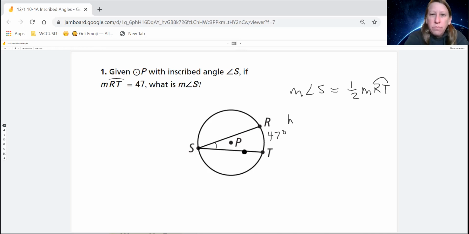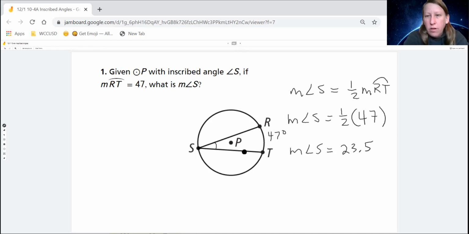So all you got to do is the measure of angle S is half of 47. And half of 47, it's kind of annoying, but not too bad. 23.5. You don't believe me? Try it on a calculator.